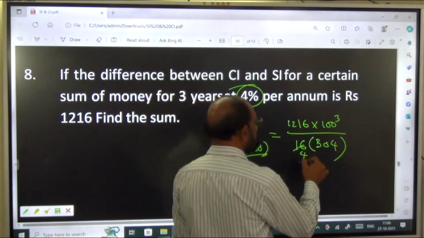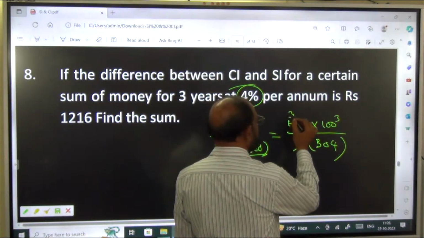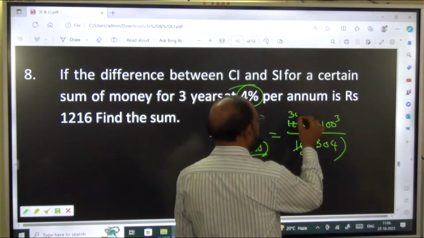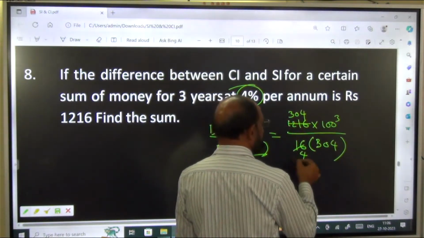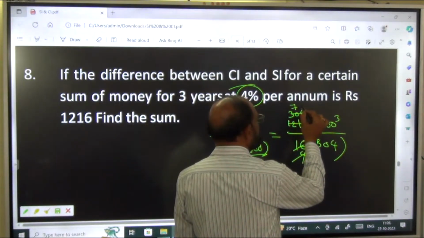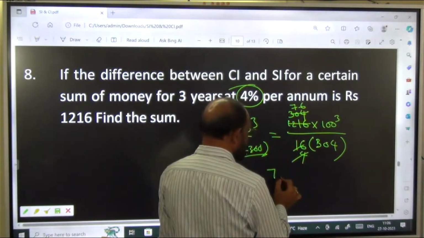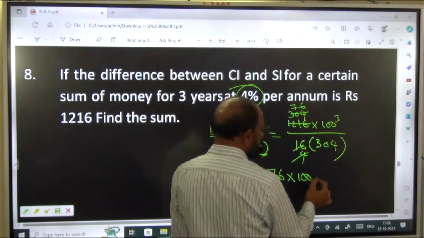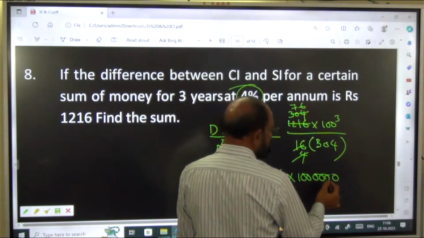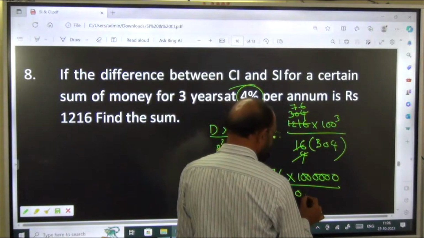4 3 is 12, 4 4 is 16, 4 7 is 28, 4 6 is 24. 76 into 1, 2, 3, 4, 5, 6 zeros by 304.